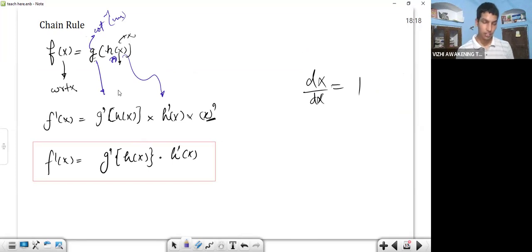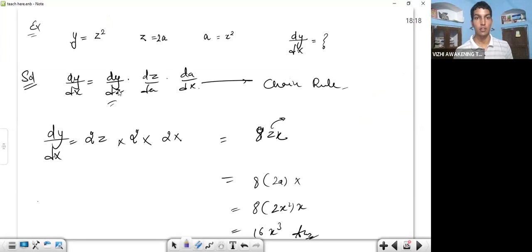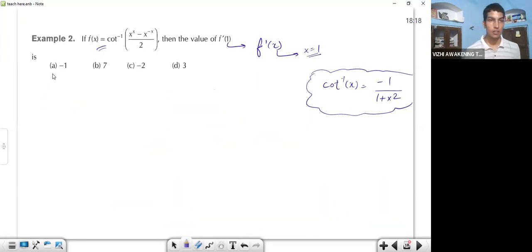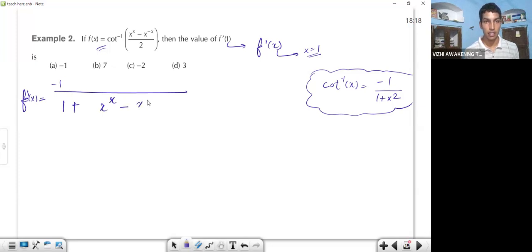We are applying the same concept of chain rule. So the differentiation of cot inverse gives f dash of x is minus 1 upon 1 plus x square. What is x square? It is x raised to power x minus x raised to power minus x, upon 2, its square.